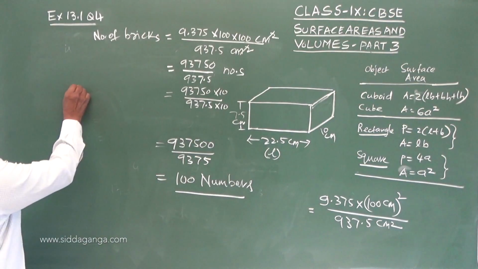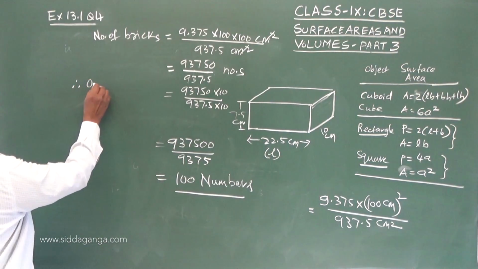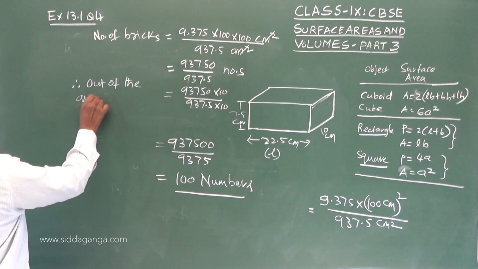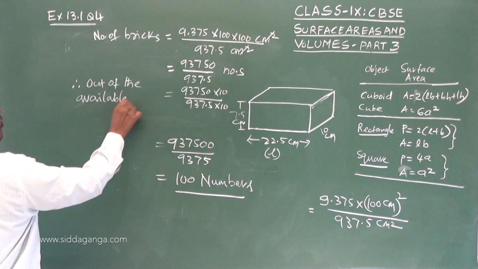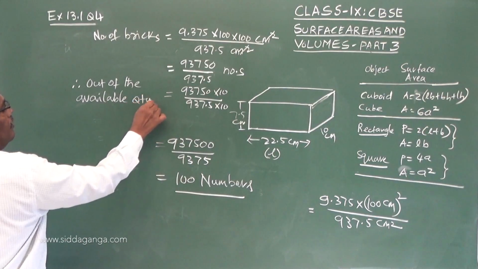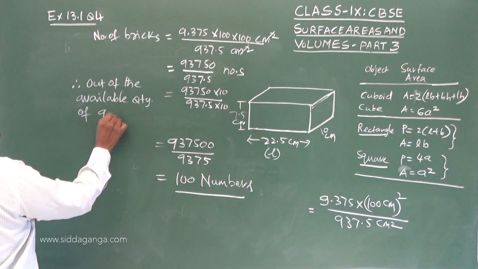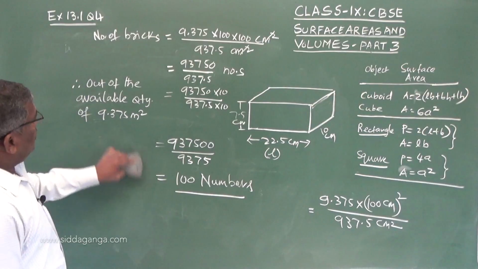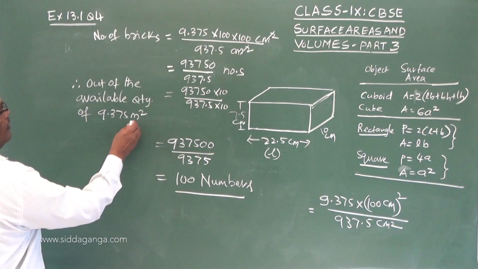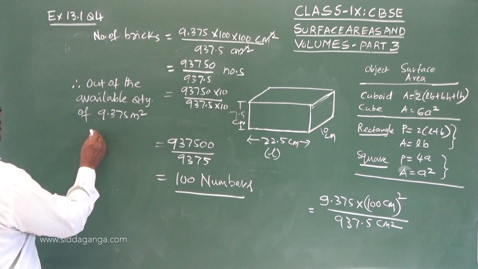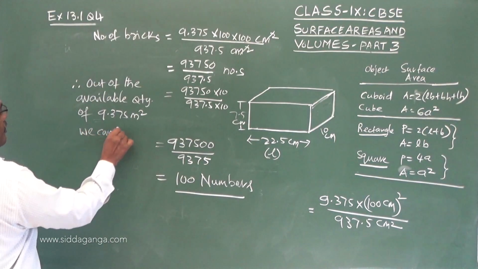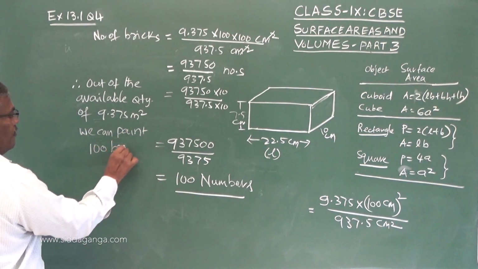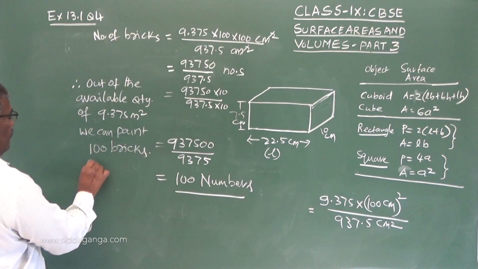So I will write here, therefore, out of the available quantity of 9.375 meter square, we can paint 100 bricks of given size.